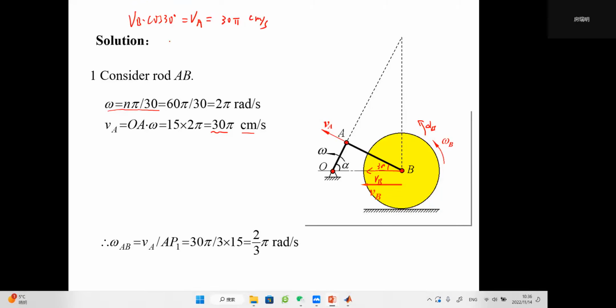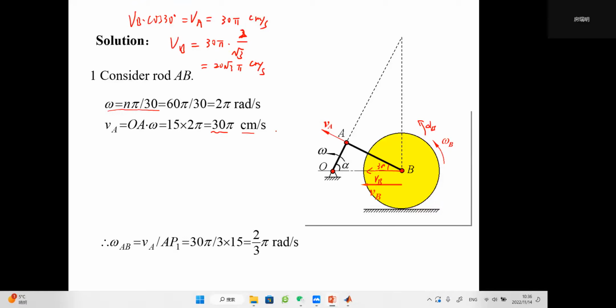So you can find VB equal 30 pi divided by cosine 30, so it will just equal 20 pi times root 3, maybe like this. So this is how we use the velocity projection method.